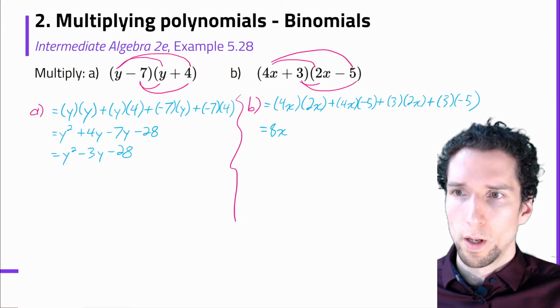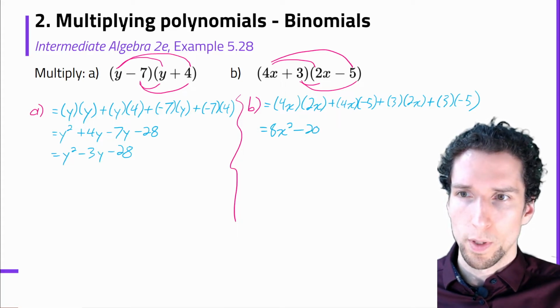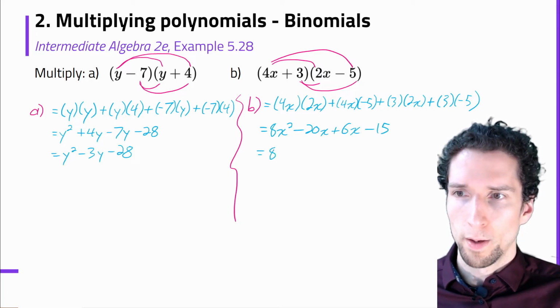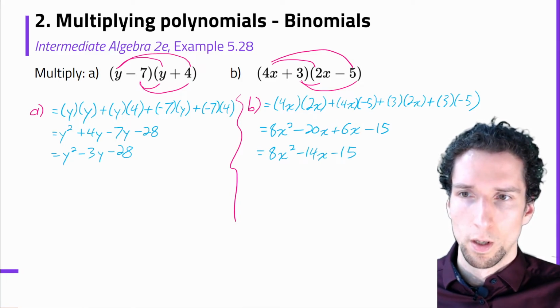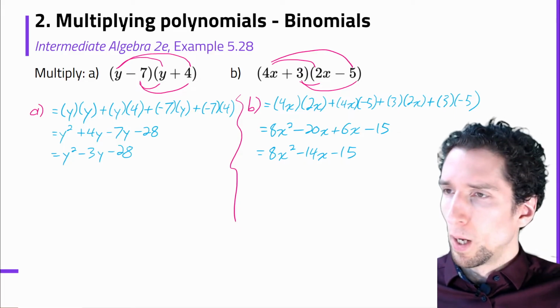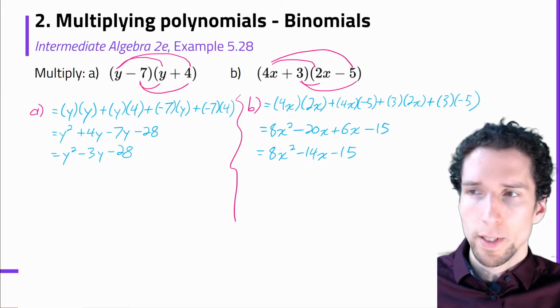So that's 8x squared, not plus, minus 20x plus 6x minus 15. Okay, and simplifying, 8x squared minus 14x minus 15. Okay, so that's the process.